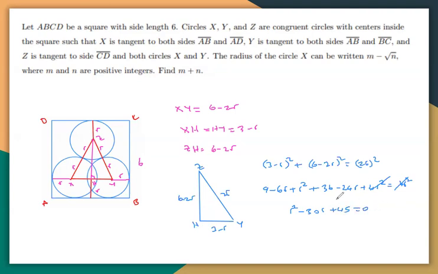At this point, you can use completing the square or the quadratic formula, but I will complete the square. To do so, we take the linear coefficient and divide by 2, which gives us minus 15. We square that number, that's going to be 225. So R squared minus 30R plus 225.